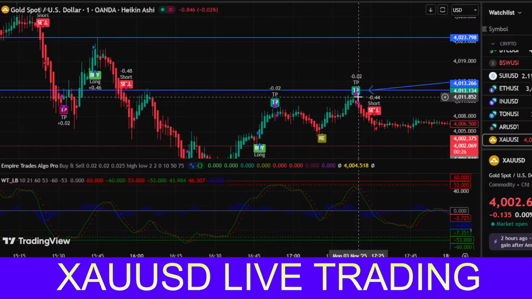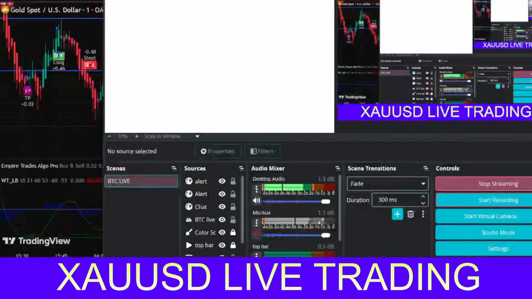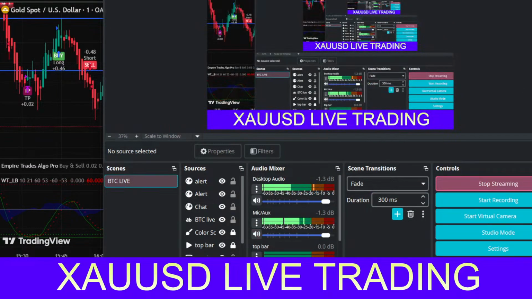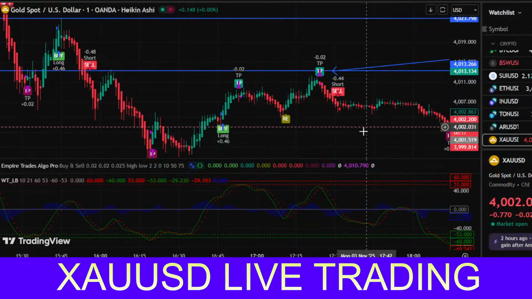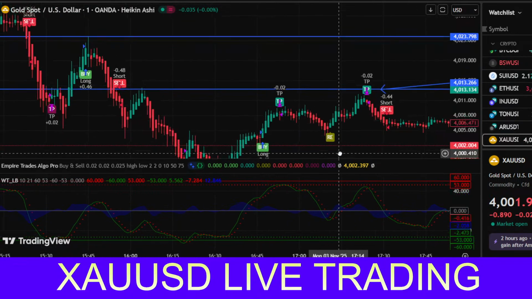The forex market operates 24 hours a day, 5 days a week, across major financial centers like London, New York, Tokyo, and Sydney, contributing to its high liquidity and continuous activity.